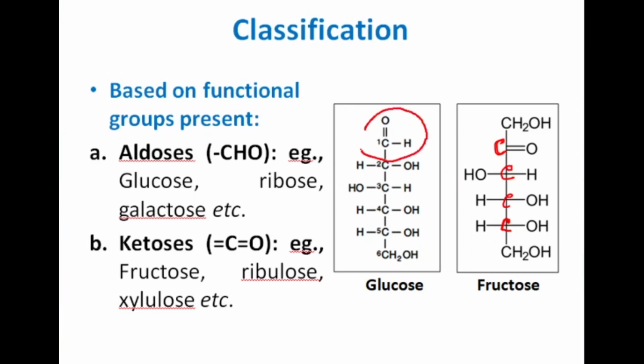It bears CHO, which is nothing but aldehyde group, and that is why this is considered as aldose sugar. On the other hand, you can see the presence of C double bond O group, which is ketone group in fructose. That is why fructose is one of the examples of ketose sugar.